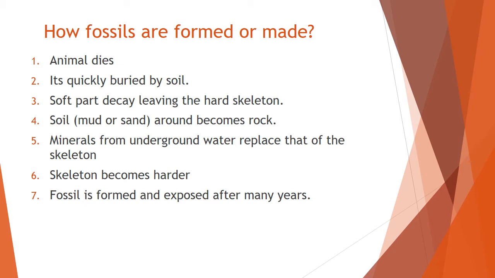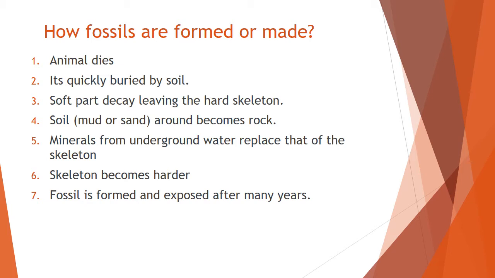Now, when the minerals from the underground water get into the fossil as it's forming inside the rock, these minerals are like metals, as it were. They enter into the skeleton and make the skeleton harder than before. When this happens, you say the fossil has been formed.